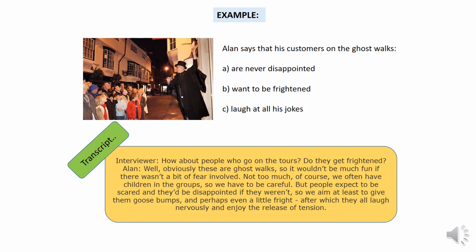Maybe it's C. But wait, he gives them a little scare and then they laugh. Not because of a joke. Ah, they nearly tricked me. In fact, he doesn't mention telling jokes at all. That leaves B. And we know that's the correct choice because he says people expect to be scared and they would be disappointed if they weren't scared.